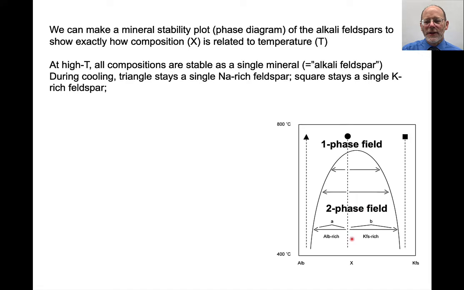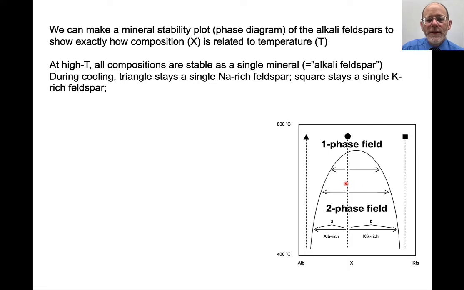And in the middle, inside the solvus, we have what's called a two-phase field. In the two-phase field, if you have a composition that fell in here, so for example, you had a high-temperature feldspar that cooled into this region, the feldspar would try to separate out into two different feldspars. It would separate out into an albite-rich feldspar and into a potassium-rich feldspar.